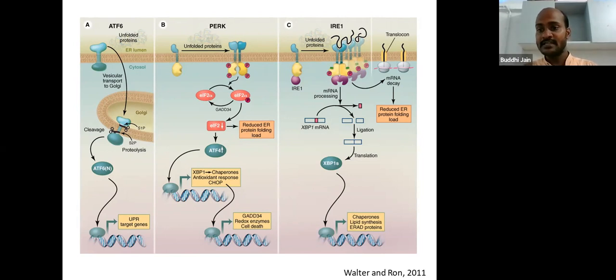But whenever there is a disturbance in the protein folding process, maybe due to several factors like calcium imbalance, glucose deprivation, viral infections, or disturbance in redox homeostasis, the misfolded or unfolded proteins start accumulating inside the ER lumen.